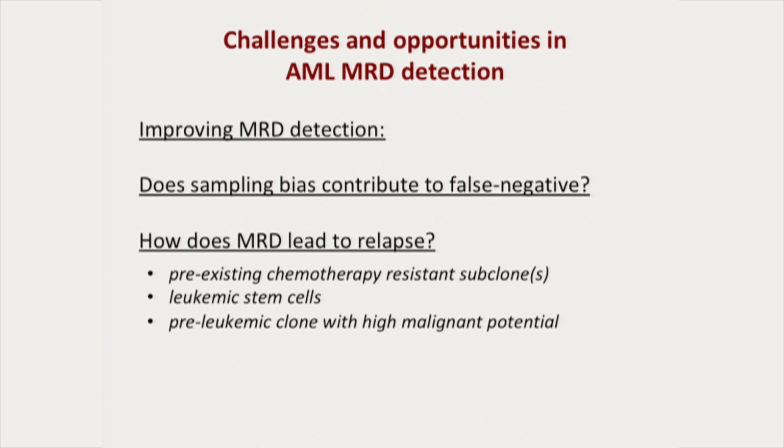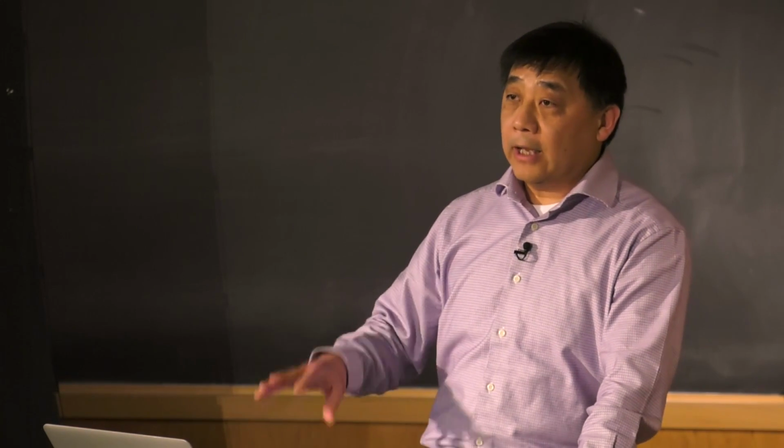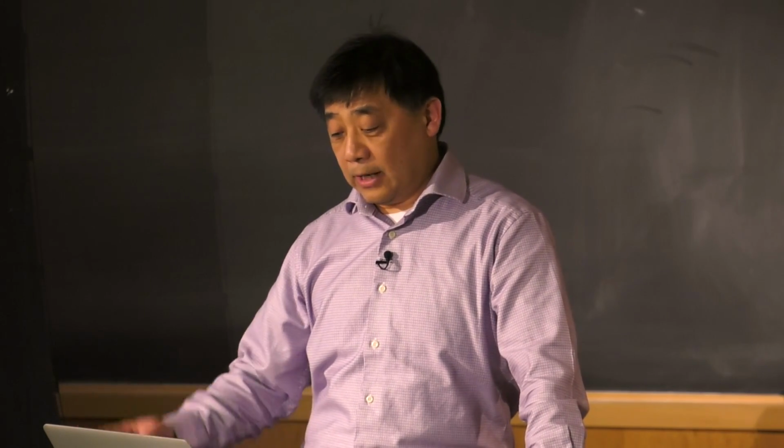The first one is this so-called Big Bang model of oncogenesis. There is a cumulative accumulation of mutations without a selection pressure, and some of those mutations render chemoresistance. So the post-induction MRD or relapse just comes out from those subclones.